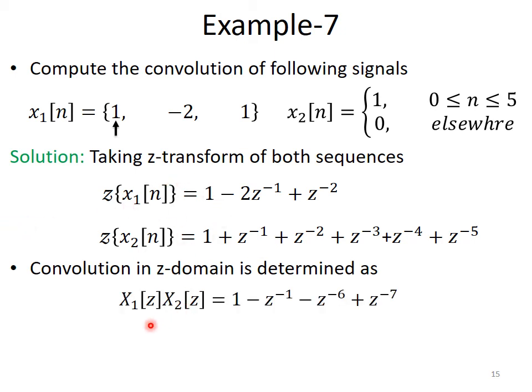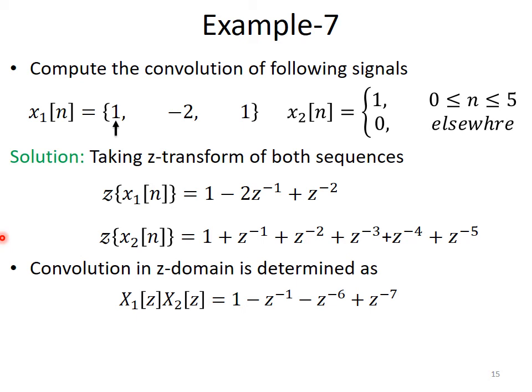So multiplication of x1 of z into x2 of z would be simple multiplication, and it would be equal to 1 minus z power minus 1 minus z power minus 6 plus z power minus 7.